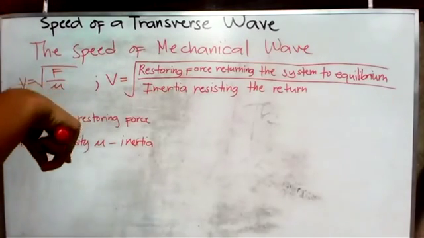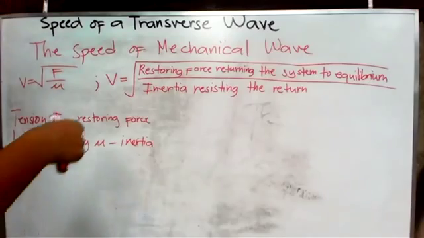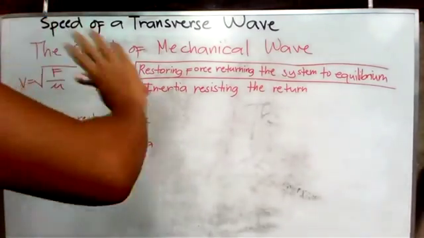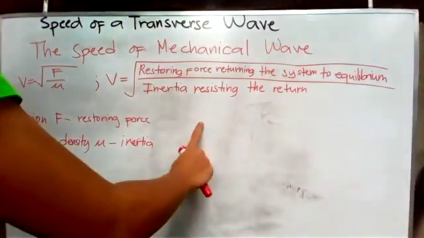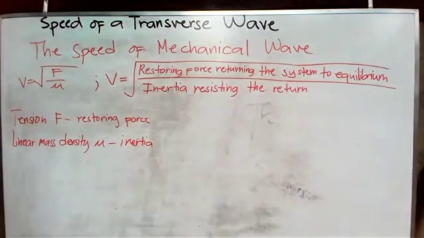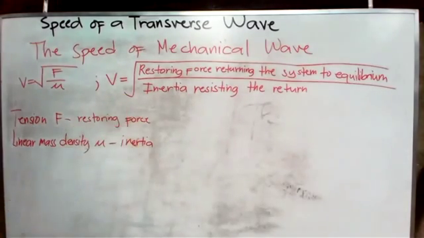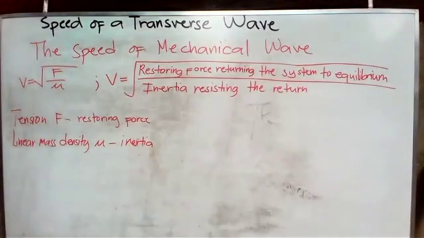Remarkably, it returns to the general form that includes waves on a string: v is equal to the square root of the restoring force returning the system to equilibrium divided by the inertia resisting the return. The tension F is our restoring force, and our linear mass density mu is our inertia that prevents the string from returning to its equilibrium.